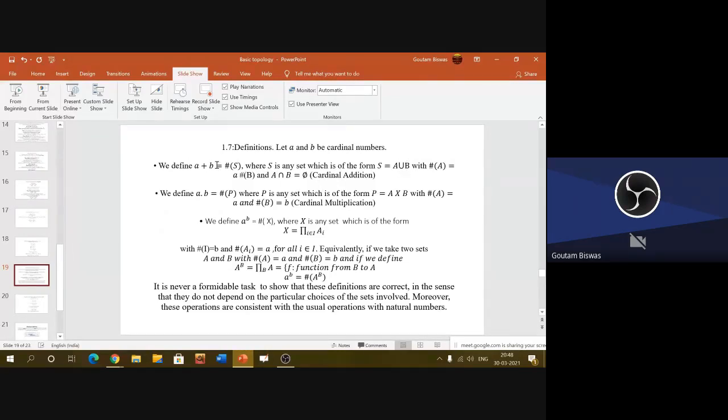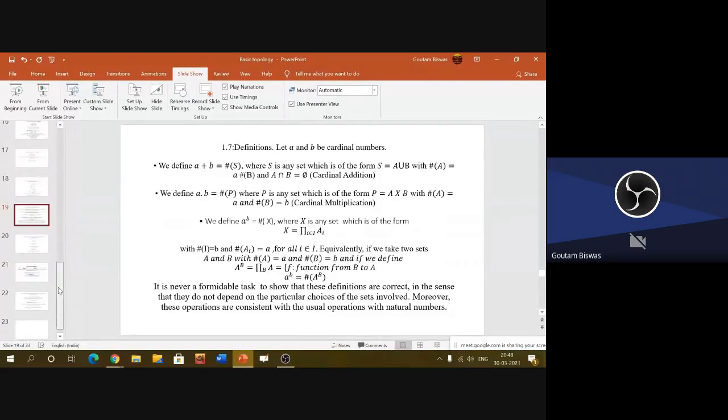For plus, this union is true as well as this is also true. For multiplication, this is true. So saying this and saying this is equivalent. Saying this and saying this and this are equivalent. Similarly here. So remember this fact.